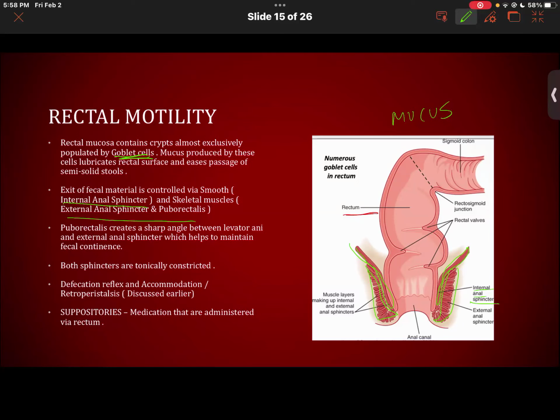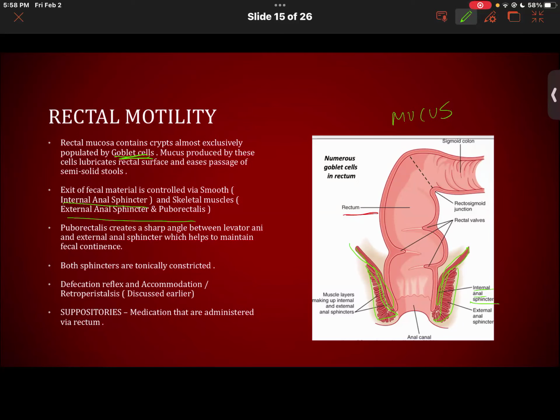The puborectalis creates a sharp angle between the levator ani muscle, which is another muscle you'll study later in the year in endo-repro. But for now, just remember it creates a sharp angle between the levator ani and the external anal sphincter, which helps to maintain fecal continence.